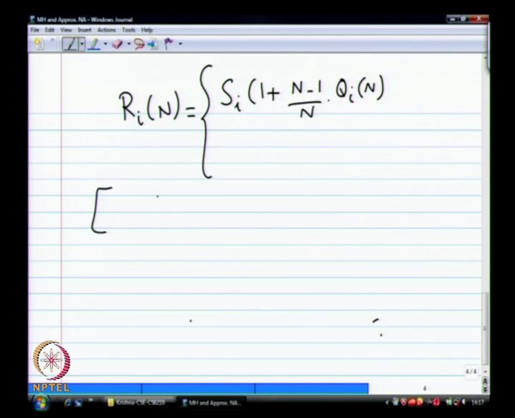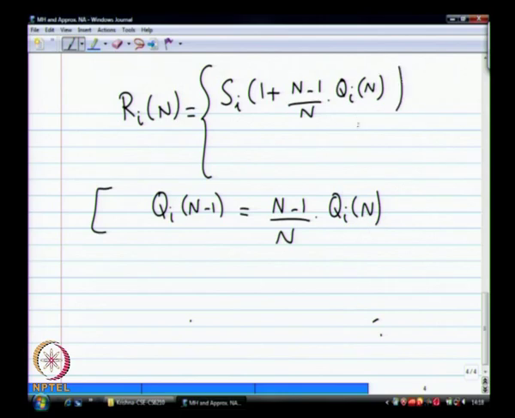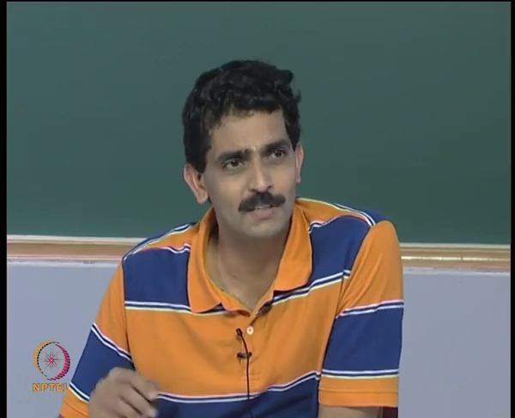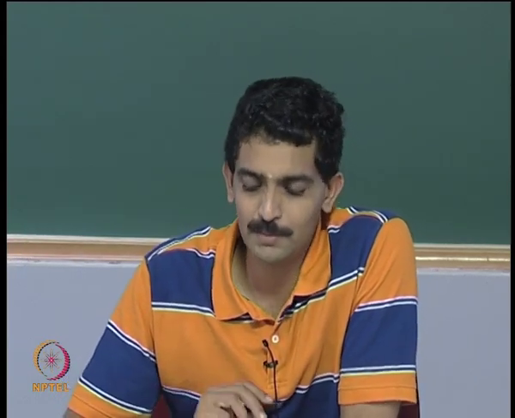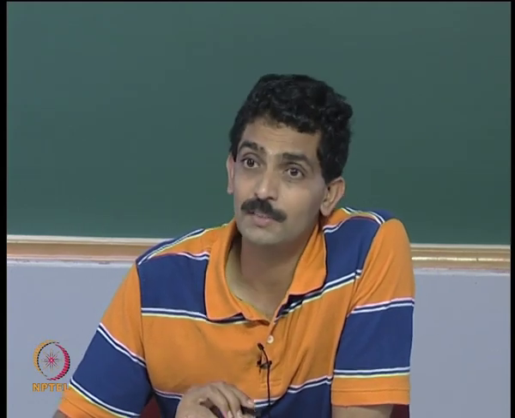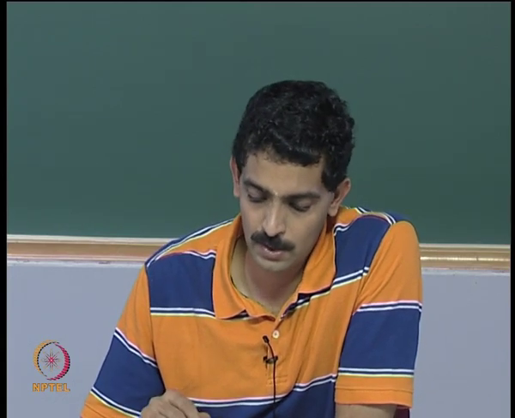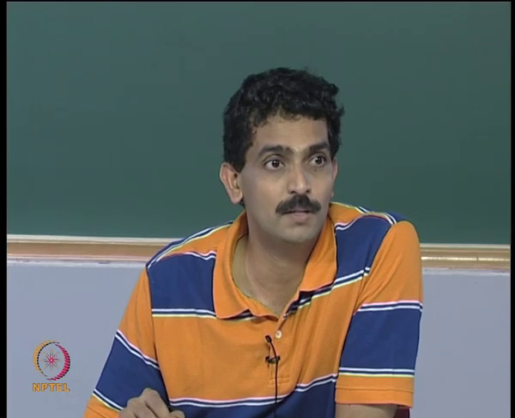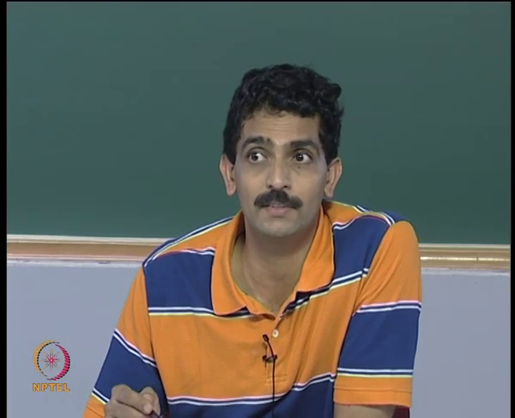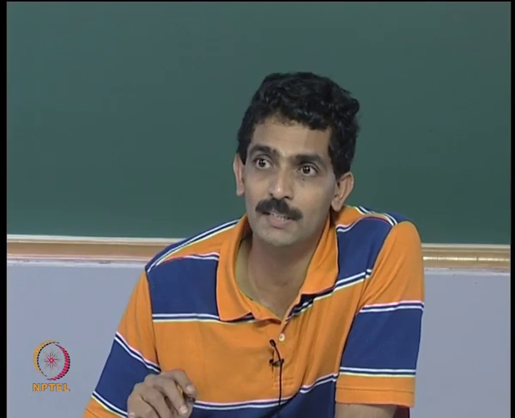I had written that the other way around, it should have been Qi of n minus 1 equals this, because in the original expression we had Qi of n minus 1, and I am simply expressing that in terms of n again. So Ri of n simply depends on Qi of n with this approximation, n minus n by n. Previously we had 1 plus Qi of n minus 1, the number of jobs queued at Qi when there were n minus 1 customers.